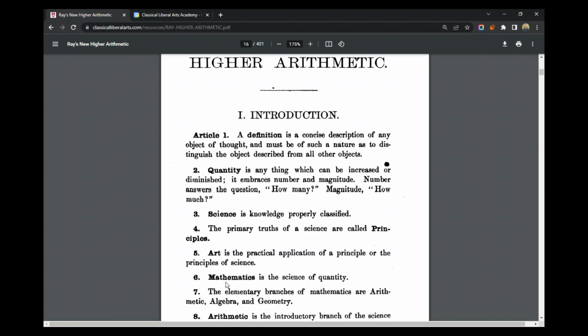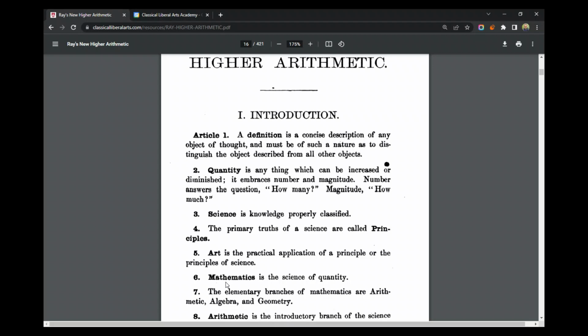And by classified knowledge, we mean organized knowledge. Not just random, not just a bunch of facts gathered together in our mind, but a complete body of knowledge that's organized, systematized in our minds. That's what a science is. Science is knowledge properly classified.